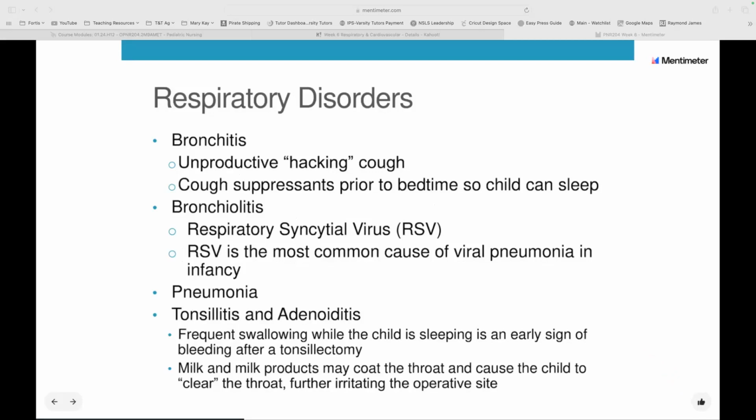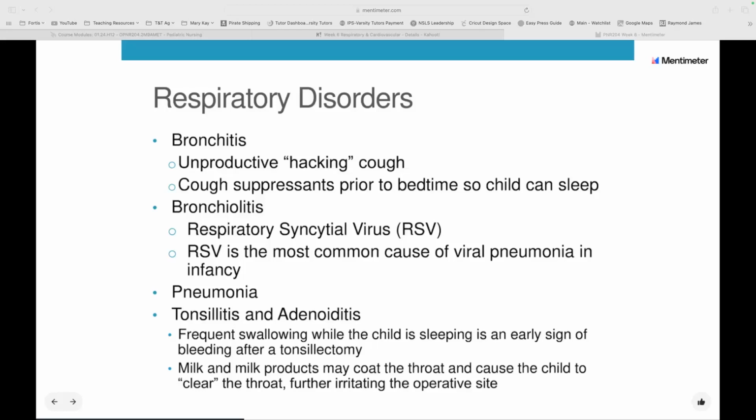They also have an increased respiratory rate and an increased heart rate, and it can make them really irritable and lead to dehydration. We see incubation being about 4 days with bronchiolitis or RSV. And if they're hospitalized, they will be in droplet isolation, and hand hygiene is going to be essential to not spreading this across the entire hospital.